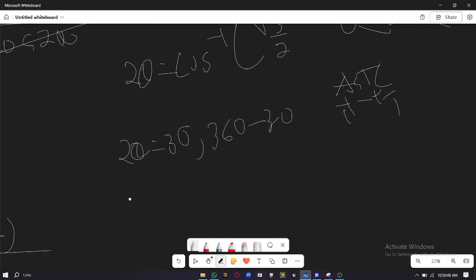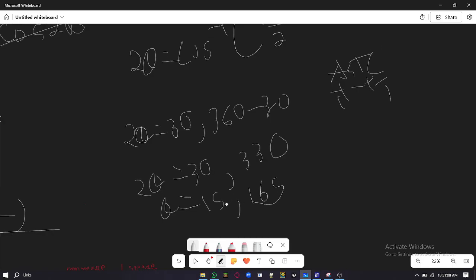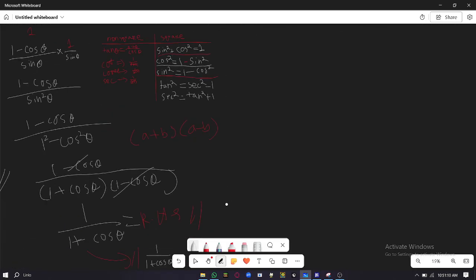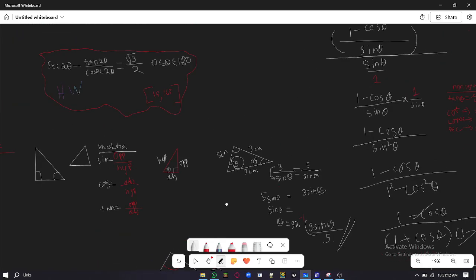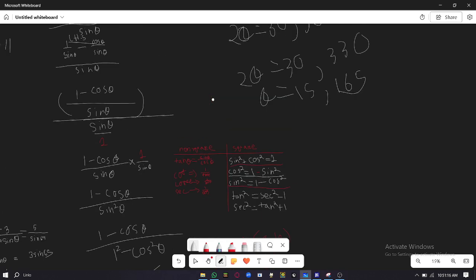So 2 theta is equal to 30 and 330. So theta is 15 and 165. I have to double check the answer though. I could be wrong, in which case that's a problem. But if I'm right, then it's nice. Yep, there it is. 15 and 165. That's the answer.